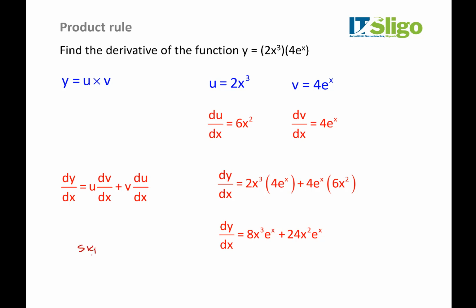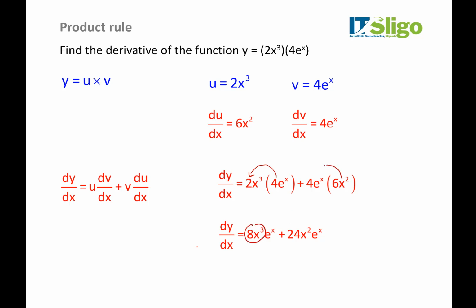So it's sign, number, x to any powers, and then any other function, be it cos x, sin x, e to the power of x. So this is the order in which you write any term. There's a hierarchy in how you write things. So we bring the number to the front. That's what gives us the 8x cubed by e to the power of x.